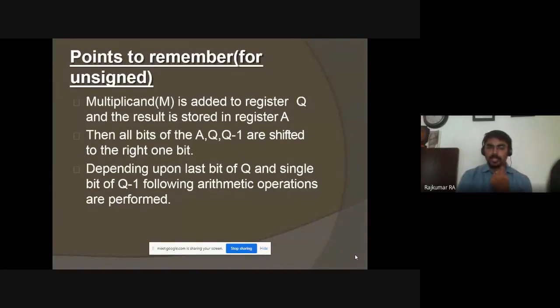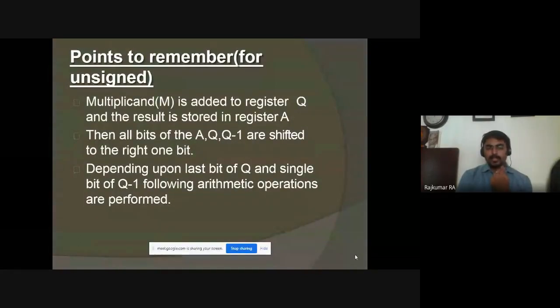So this is the procedure. After that addition, we have to shift it one bit to the right. This is just to remember the procedure. I will go through the actual diagram and tabulation.